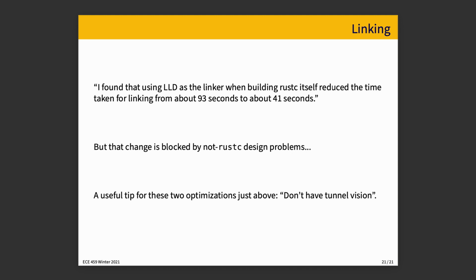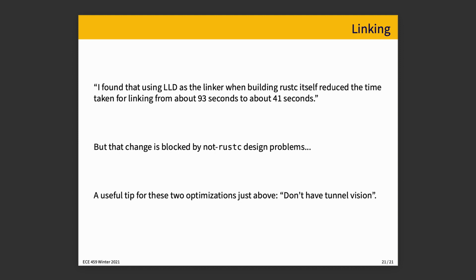However, the change doesn't work because there are some design problems in things other than rustc. The Rust compiler itself, there's some comments on the linked issue. The rust-lang issue on it is number 39915, if you are curious to read into the details. And one of the problems with it, for example, is there's no macOS LLD linker backend that works.